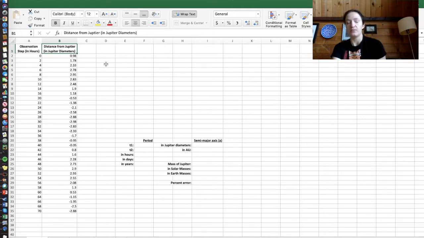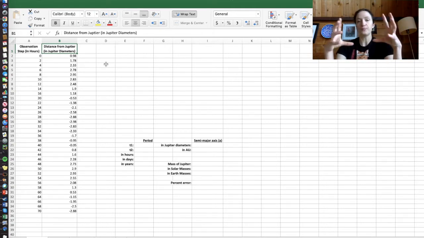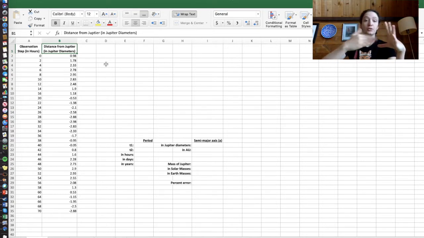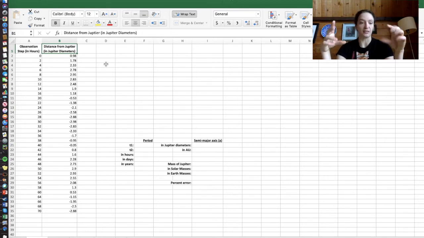Now, remember that when you have a circle, very similar to an ellipse, you can draw a line straight through the center. For a perfect circle, no matter which way you tilt that line, it'll always be the same. So that full line from edge to edge is your diameter.